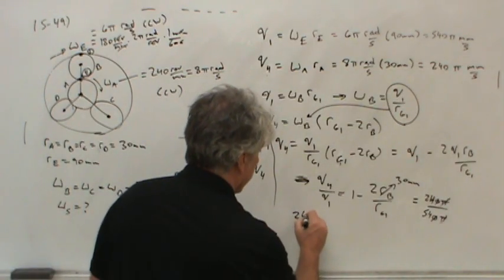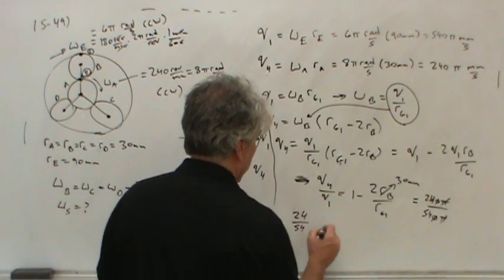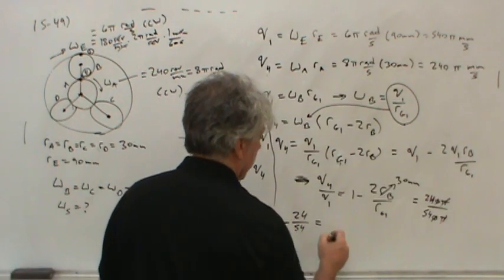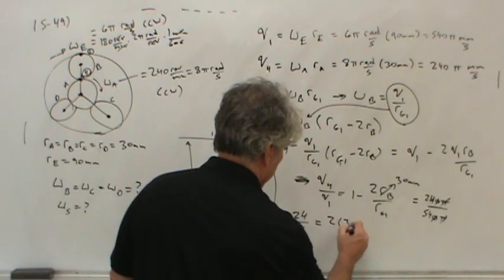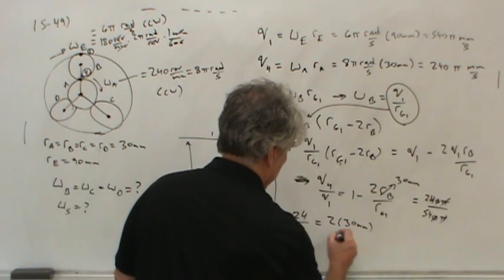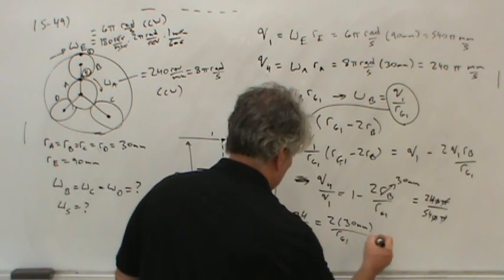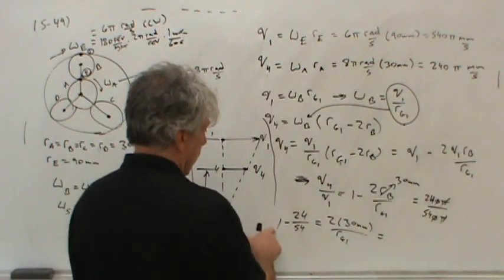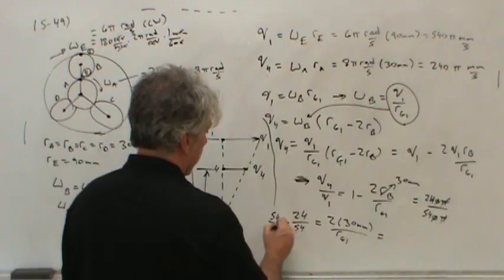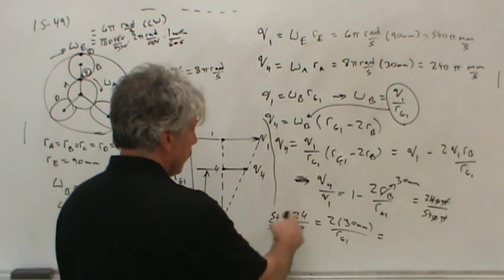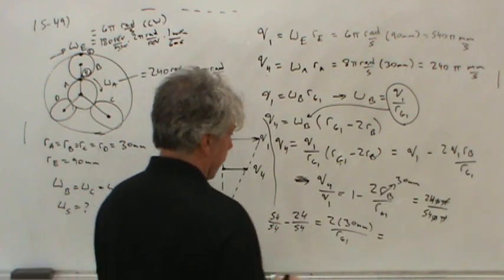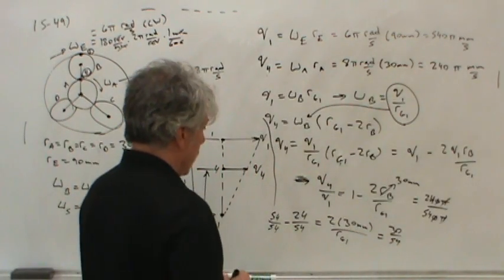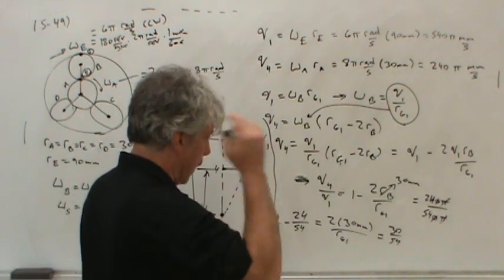So 24 over 54, well, 1 minus that would be equal to 2 times 30 millimeter over RG1. If we take 54 over 54, take 24 away, then that's 30 over 54. Let's see, yeah.